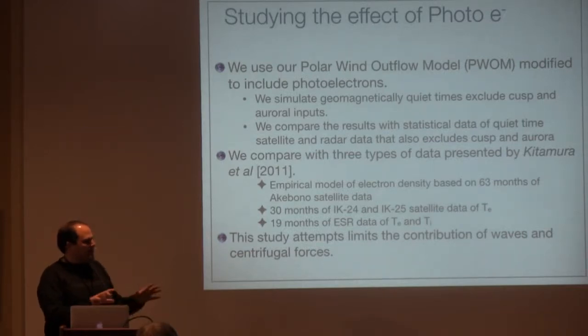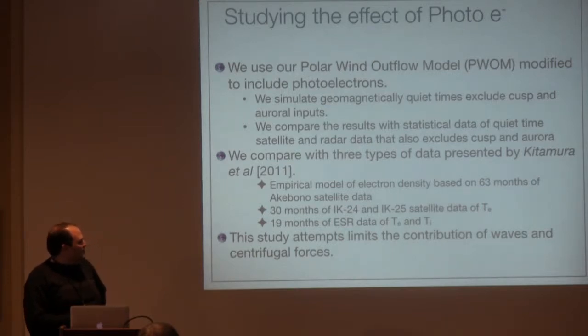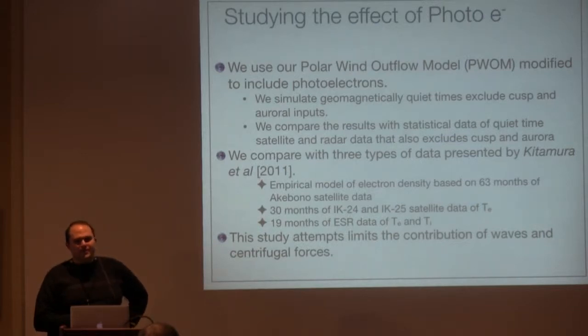We had about 1,000 field lines distributed over the polar cap, and we compare our solution bin by solar zenith angle with Akebono satellite data, for which Narutoshi did an empirical fit to the electron density as a function of altitude and solar zenith angle. Also, some Intercosmos satellite data and EISCAT Svalbard radar data of electron and ion temperatures, both under sunlit and dark conditions.